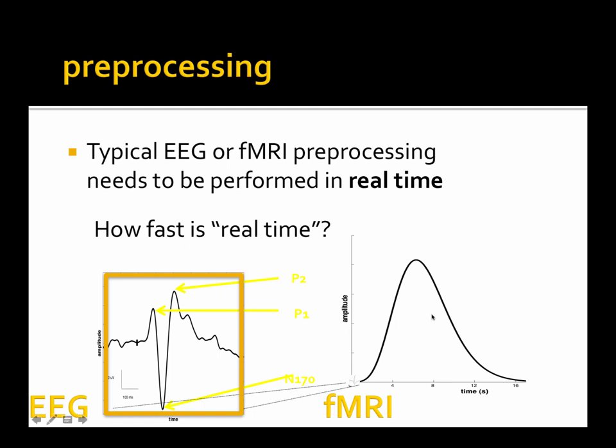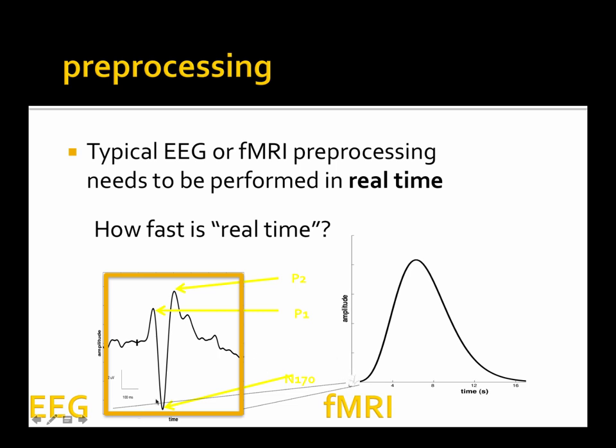And of course, if you're talking about fMRI, we are talking about longer delay because our signal is slower. And I like this scaling. If you have these ERP, event-related potentials, together with the fMRI, the time scale is completely different.